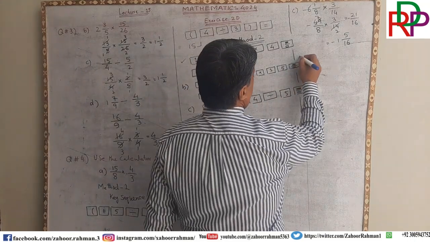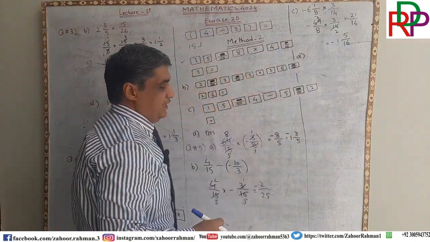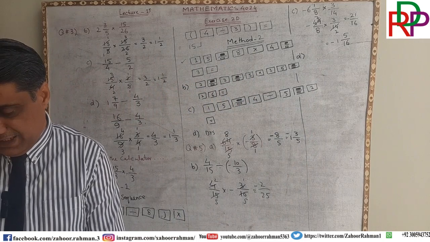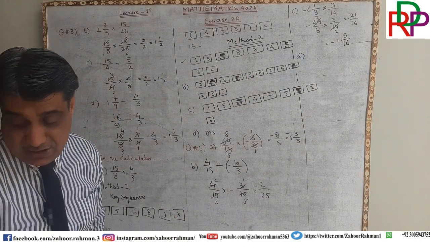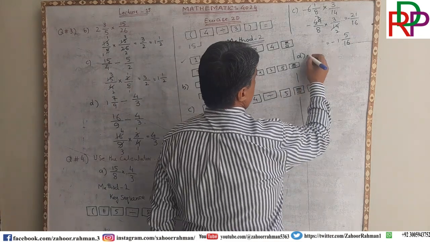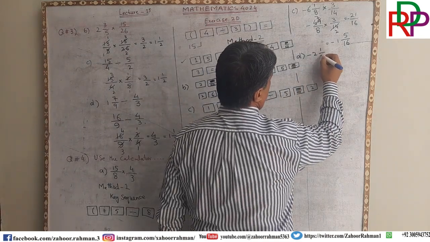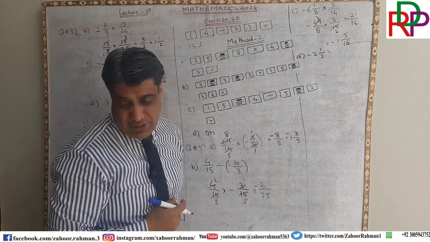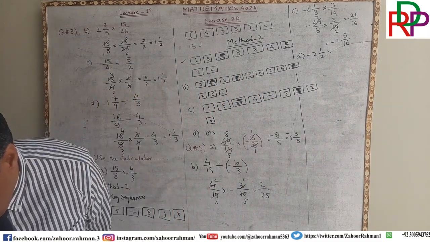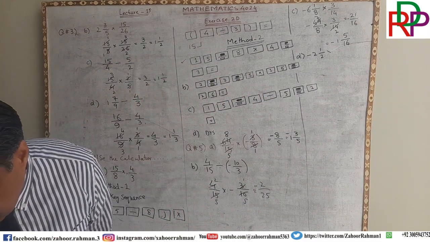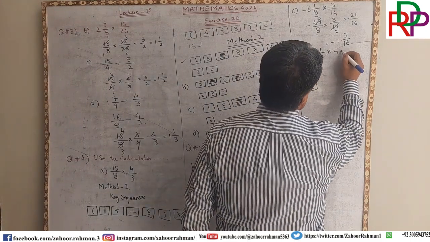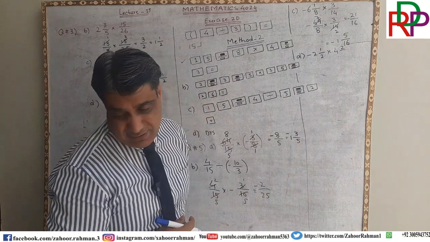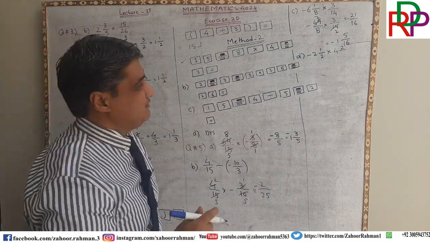Now we are doing D part, and D part is saying minus 2 whole 1 over 2, and then we are having the multiplication symbol, 4 whole 2 over 5.